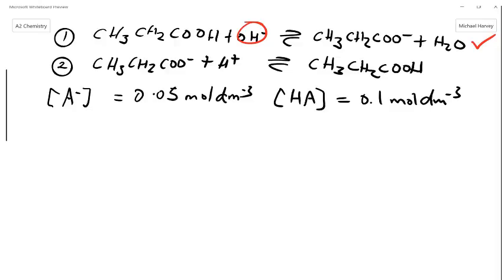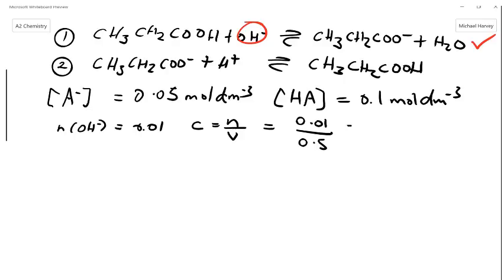We are also told in the question that the number of moles of hydroxide will be equal to 0.01, and the concentration therefore is going to be number of moles divided by the volume, which is going to be 0.01 divided by 0.5, because we are told there is 500 centimeters cubed of the total solution.